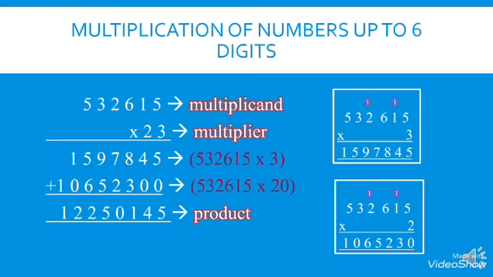So we start with 3. 3 5s are 15. We write 5, 1 will be carry. 3 1s are 3 plus 1, 4. 3 6s are 18. We will write 8, 1 will be carry. 3 2s are 6 plus 1 will be 7. 3 3s are 9 and 3 5s are 15.